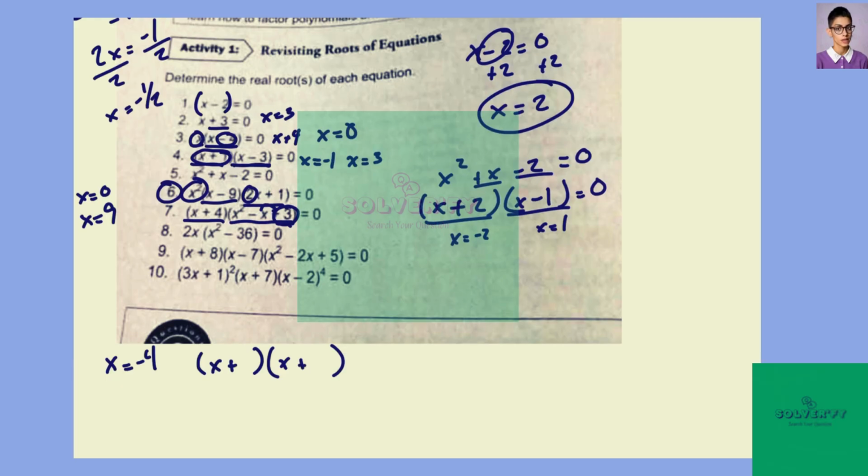It had to be +3, +1, or -3, -1. And neither of those give me the -1 right there on the x. So this is telling me that I'm going to have possible irrational or non-real roots. So I need to use the quadratic formula.